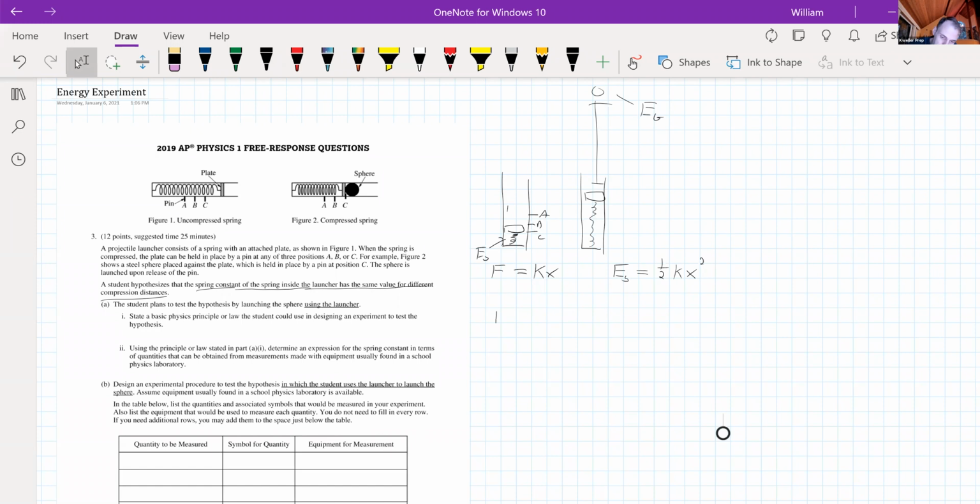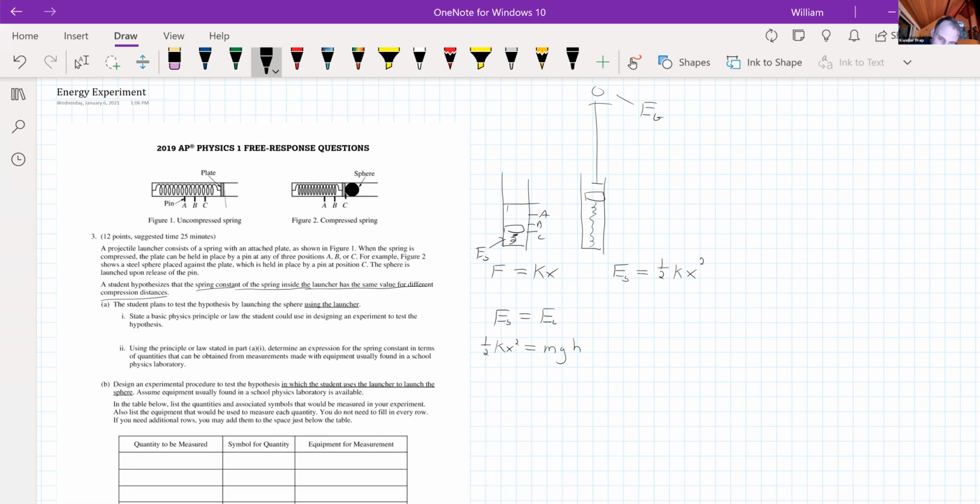So you could set spring energy, ES, equal to EG. So that's 1/2 kx squared is equal to mgh, where h, of course, is the height above the initial rest height, right? The uncompressed height.